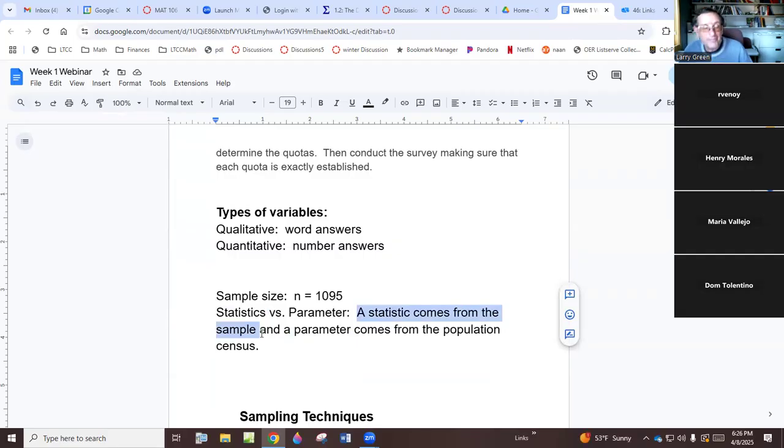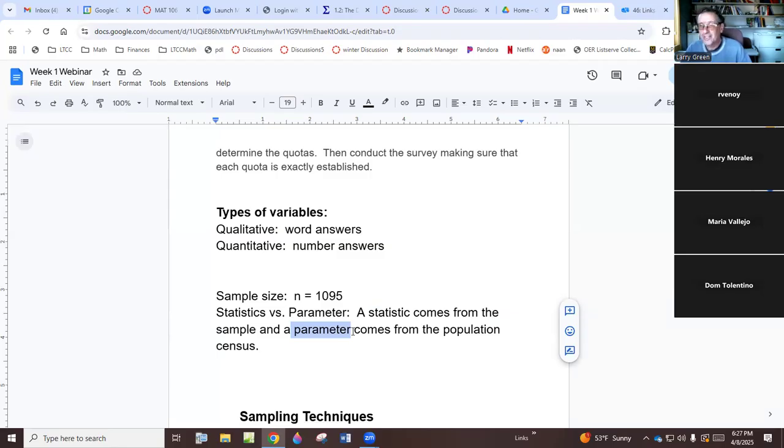On the other hand, for the entire population, not just the people you asked, but all hundreds of millions of people, there is a proportion. We don't know what it is, but there is one. And we're going to call that a parameter. And I want to give you a heads up for this week. This week has a lot of vocabulary, very little math. Are you noticing that?